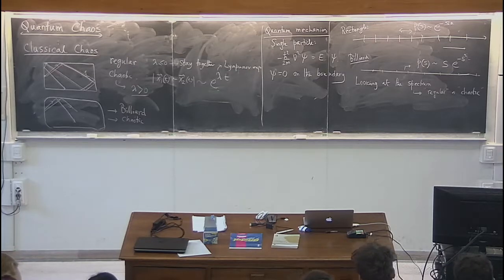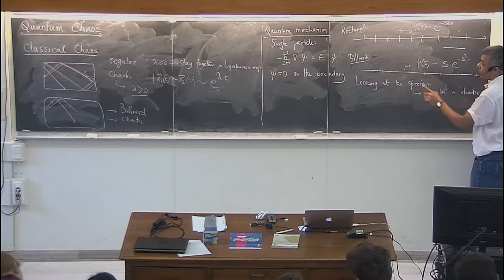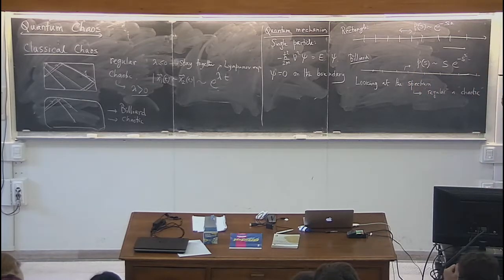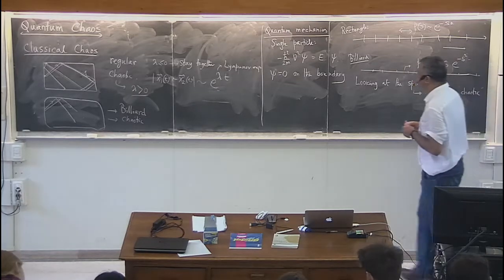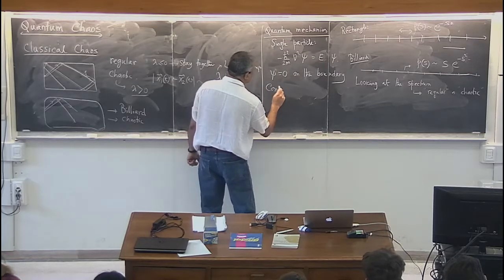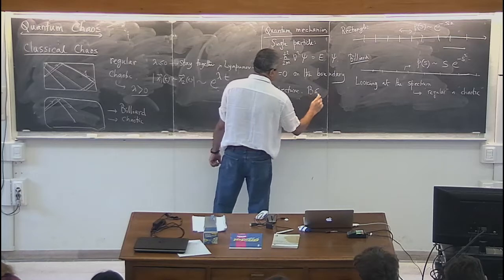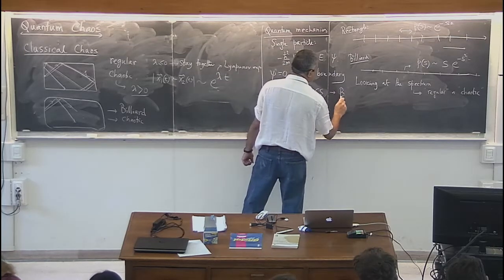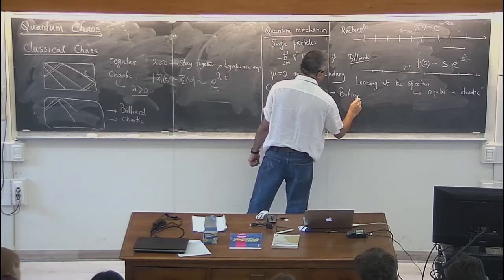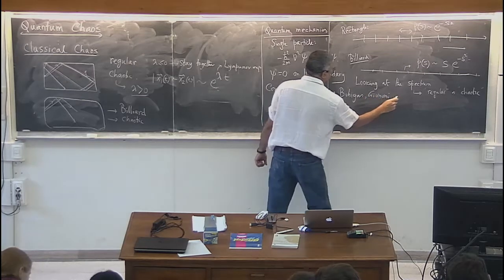In some sense, the energy spectrum of the billiard behaves almost like random matrix eigenvalues. And this was the conjecture. It goes by the name of the BGS conjecture. This is Bohigas, Giannoni, and Smith.